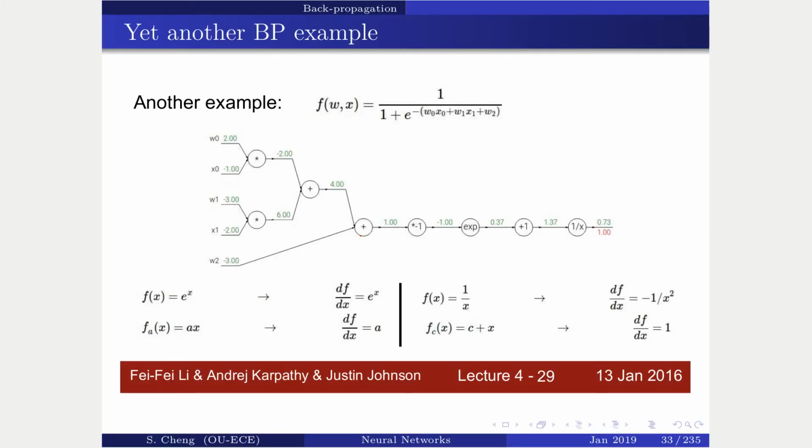This is another example. It's more or less the same. The only thing I'd like to emphasize here is, I have a function like this. Let's say I can build a computational graph and split the whole thing. Say I have W0 X0 and W1 X1.